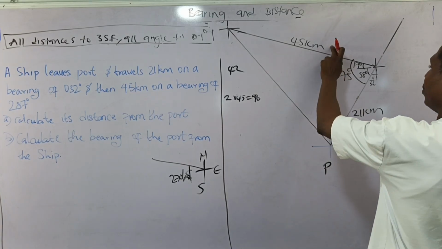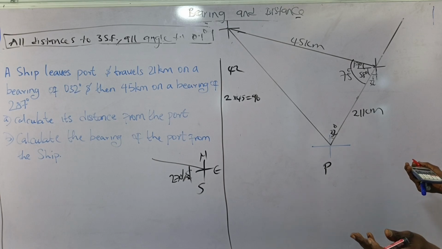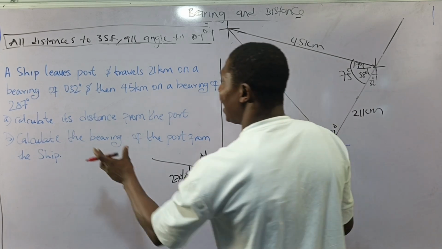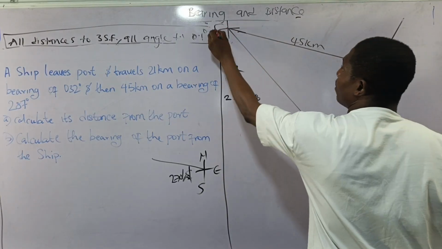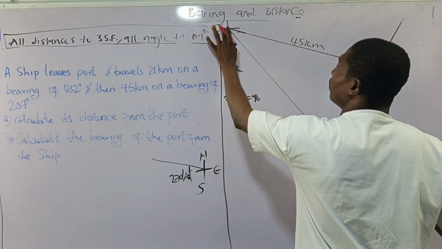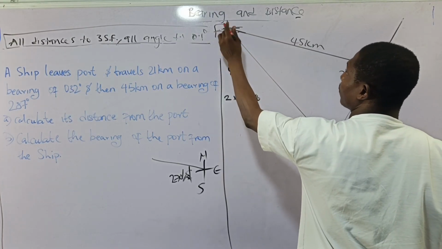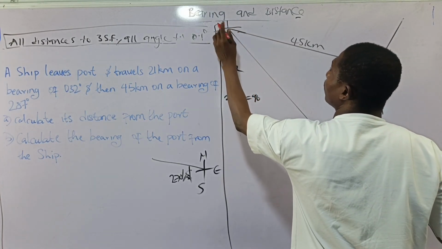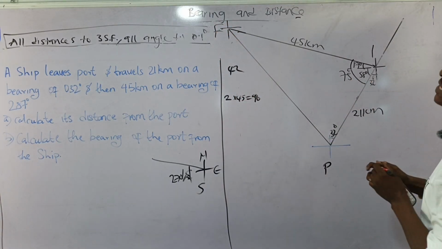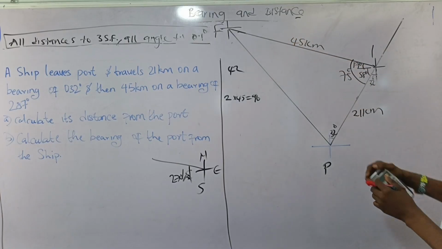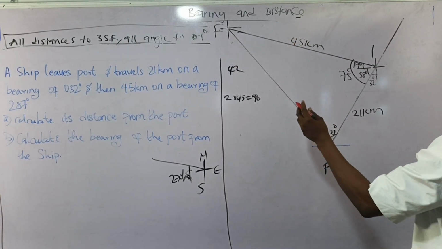Now I know this distance, I know this distance, and I know the angle. So if I have two sides and an included angle, I use the cosine rule to find my third side. And I calculate the distance from the port. This is the initial point, this is the final point. What they are asking now is the distance of the aeroplane from the port, and that distance is talking about the final position, which is FP.